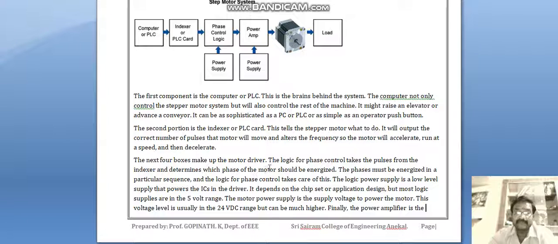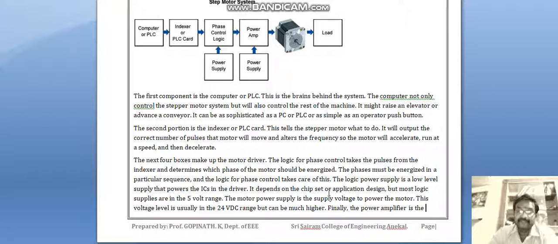The logic for phase control takes the pulses from the indexer and determines which phase of the motor should be energized. The phases must be energized in a particular sequence, and the logic for phase control takes care of it. The logic power supply is a low level supply that powers the ICs in the driver.